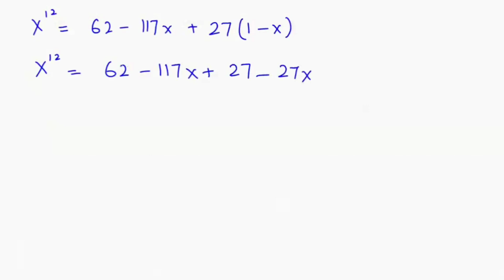Next, I'm going to solve the like terms. First, I'm going to add up the digits here. 62 plus 27 is equal to 89. And here minus minus plus, 117, I'm going to add 27, so here we'll get 144x. So the value of x to the power of 12 we found out.